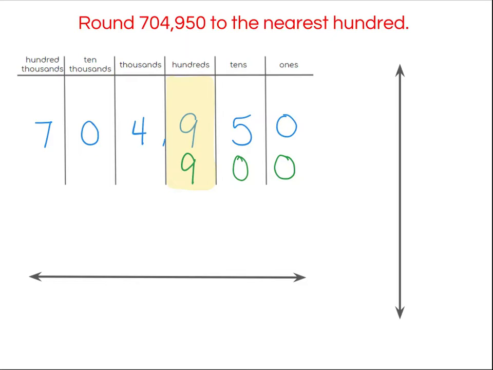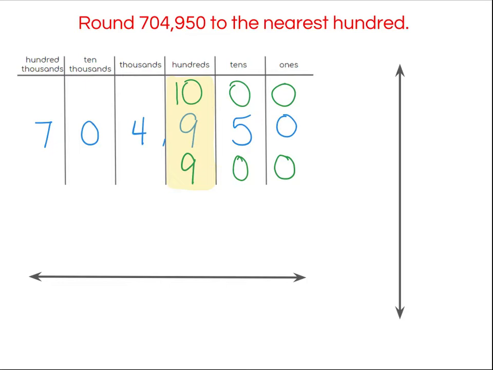However, I cannot write 1,000 up here because there's already 4 thousands. So, it's very similar to when we were regrouping. We have 10 hundreds, right?